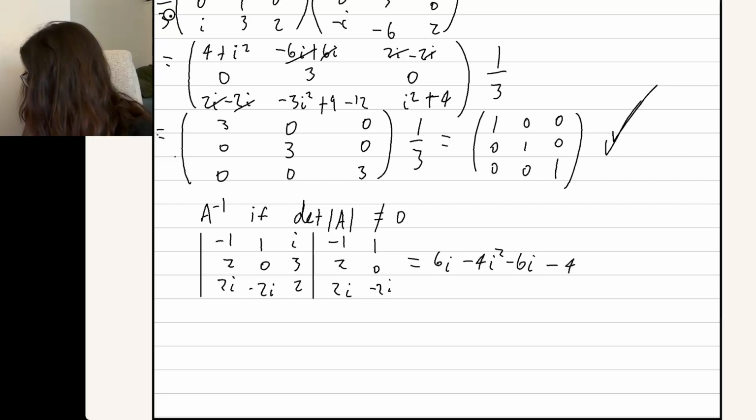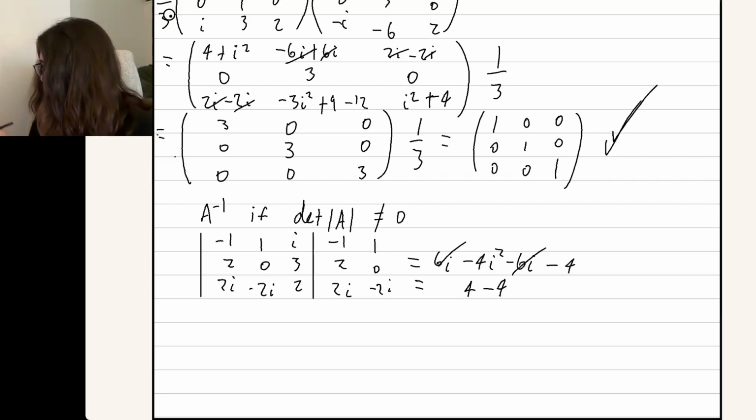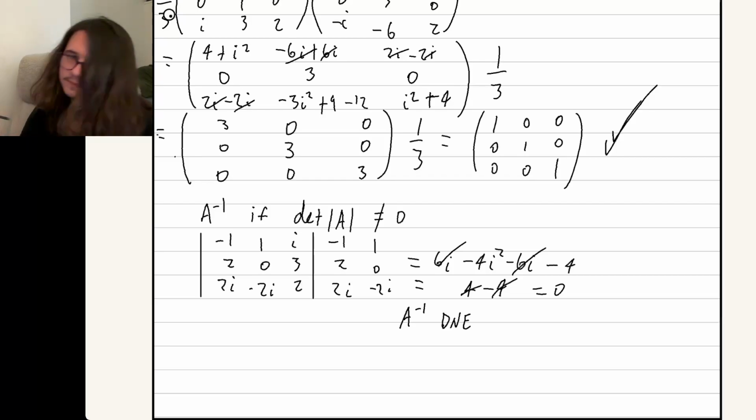I just realized it should be 4i squared. So the 6i will cancel out the 6i. Minus 4i squared is just going to be positive 4. We have the minus 4, which those cancel out, so it's 0. So the inverse of A does not exist. Awesome.